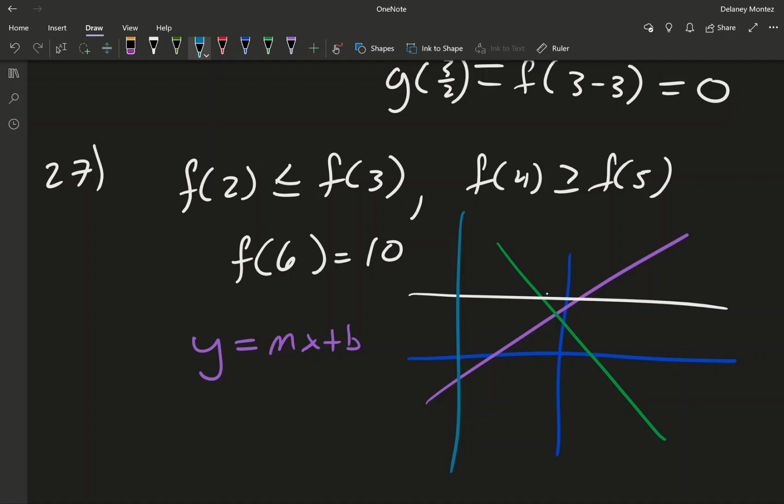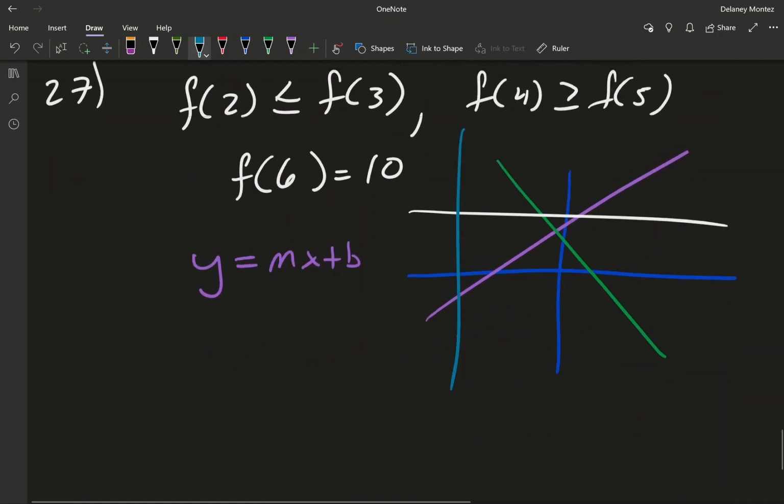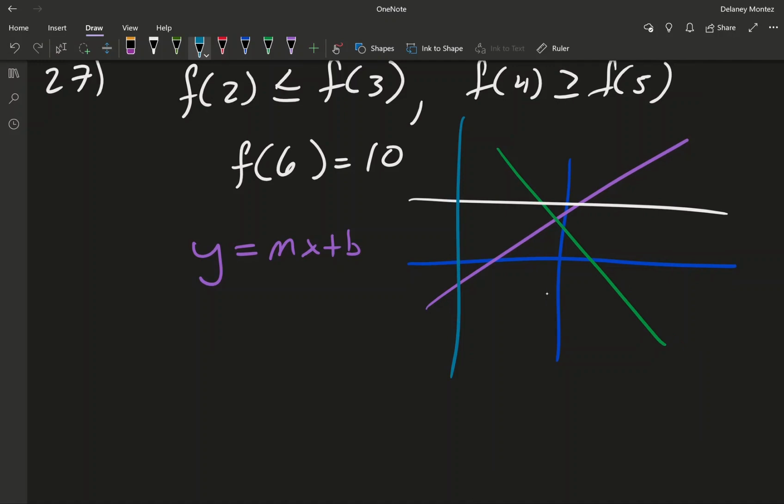Every linear function you can ever think of must look like one of these 4. Positive slope, negative slope, horizontal, no slope, and x equals a constant, which is undefined. So this also has no slope, right? There's no rise over run. This one has an undefined slope, and this one has a 0 slope, right? Because there's no rise and you could run forever, but this one actually would be dividing by 0.